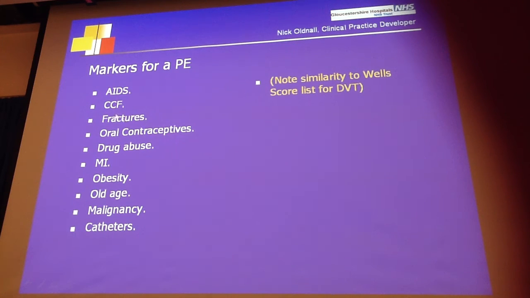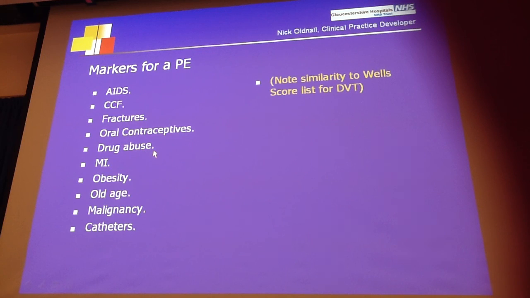Now, some of the risk factors here. We've already talked about any of the diseases that slow down blood flow. If we're using catheters, congestive heart failure, you name your poison. Oral contraceptives, I think you've probably seen the commercials, and any hormone replacement therapy or contraception.